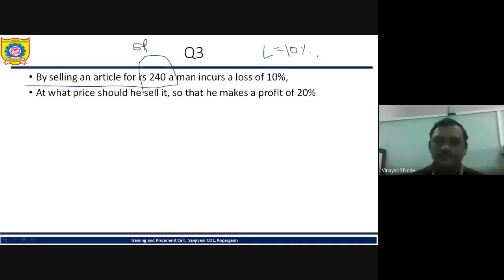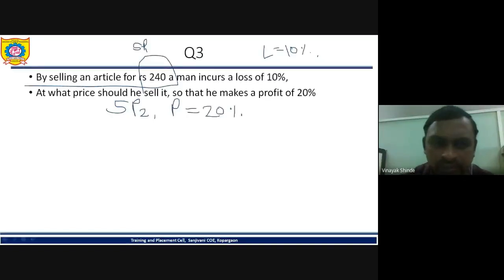We need to calculate the selling price too, so that he makes a profit of 20%. So if he sells an article for 240 rupees, then he is in a loss. Loss is 10%. But if he wants a profit of 20%, then what should be the selling price?